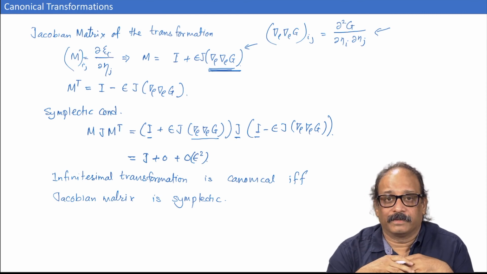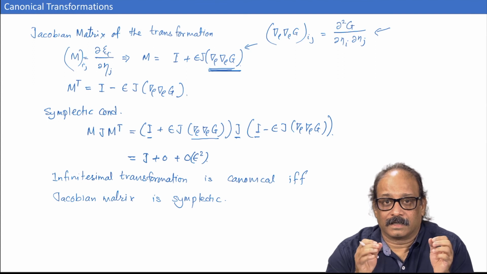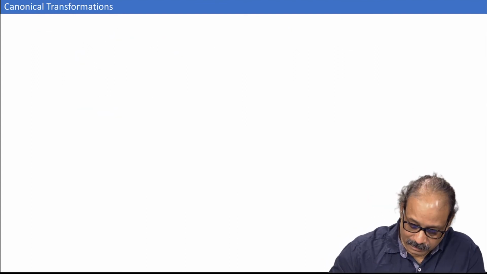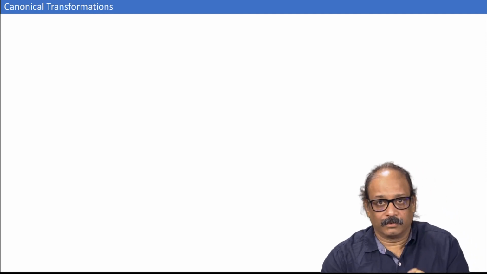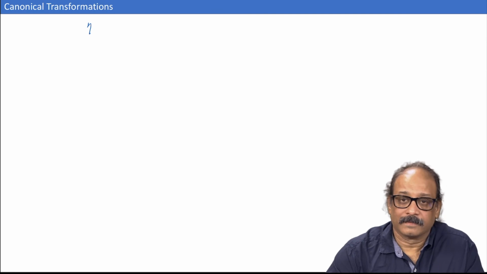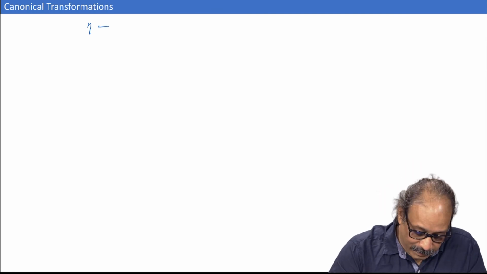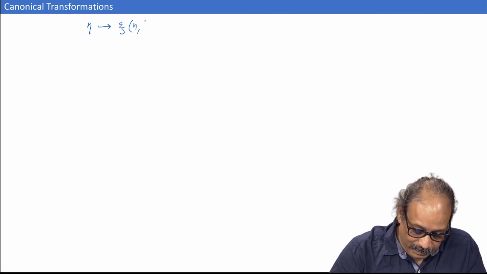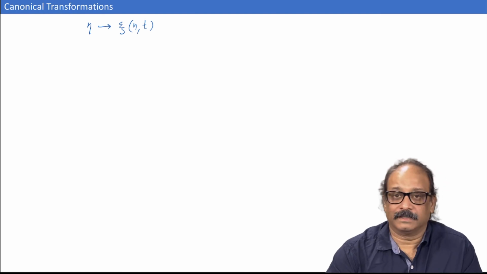Now, how do I go from the infinitesimal case to a transformation which travels over a finite time difference? So, what you do is this. You start with eta, okay, and then you make a transformation to xi. But the transformation to xi depends on not just eta, but time t.